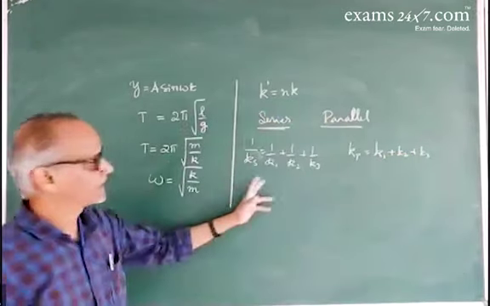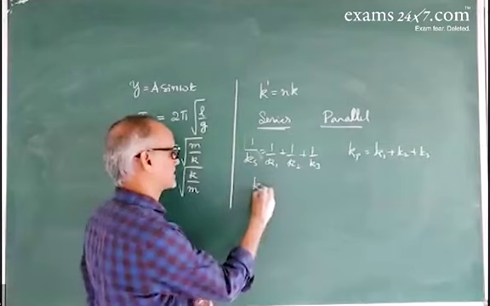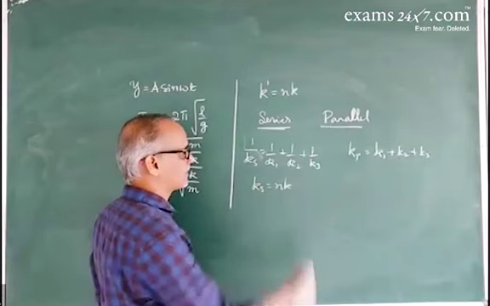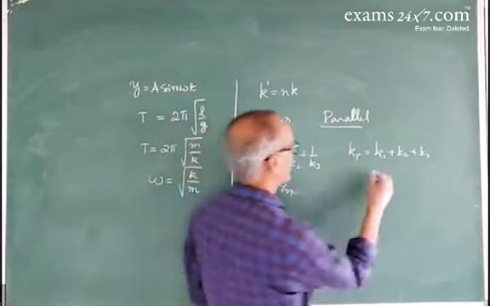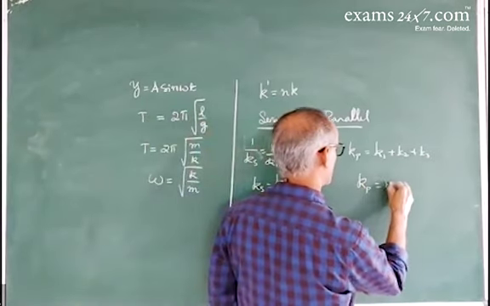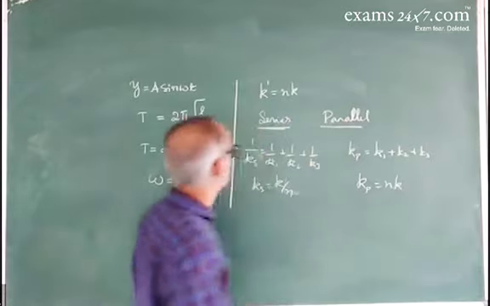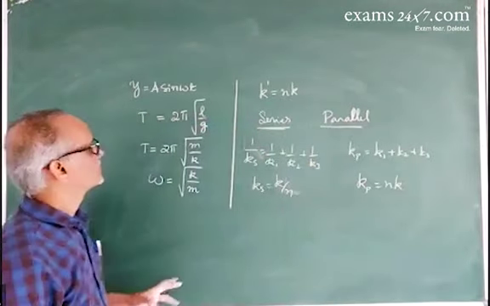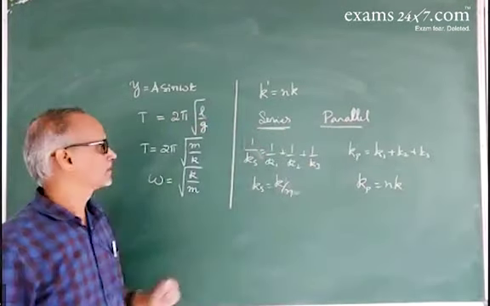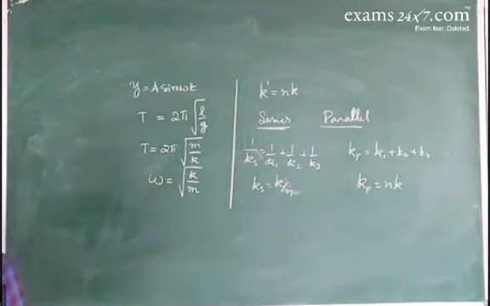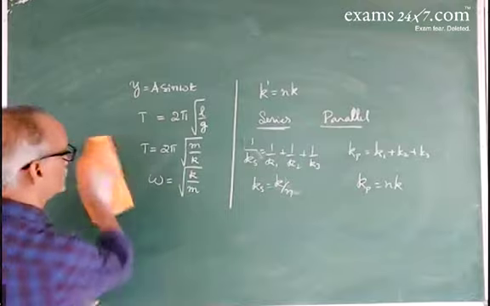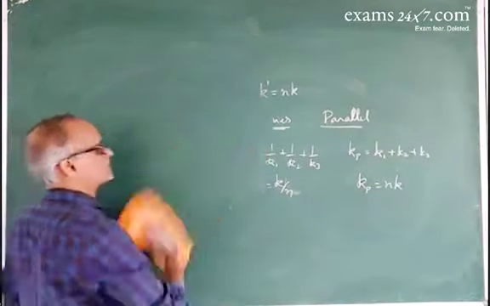For n identical springs, in series ks is equal to k by n, and then in parallel combination, kp is equal to n into k. So these are the equations which are important in chapter oscillations.